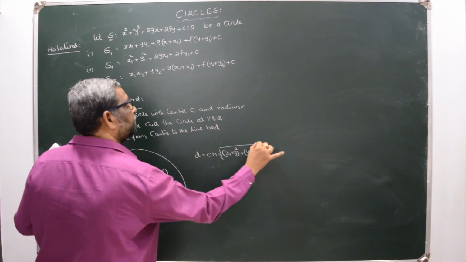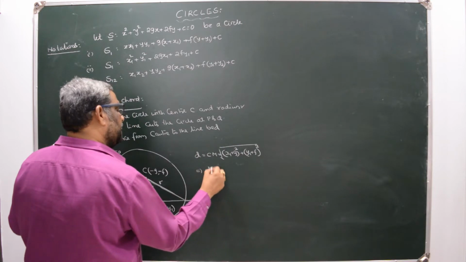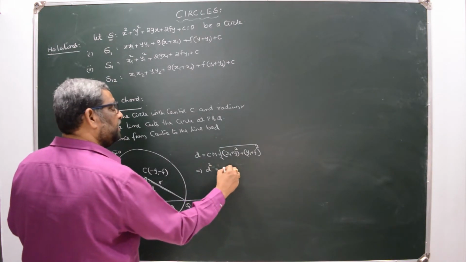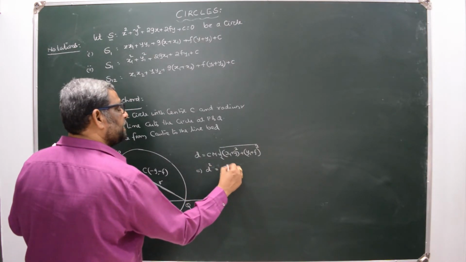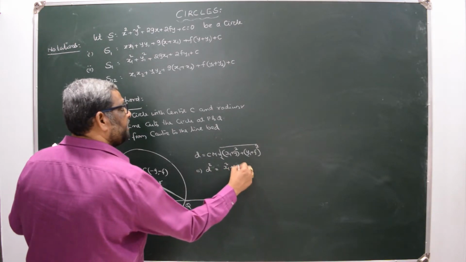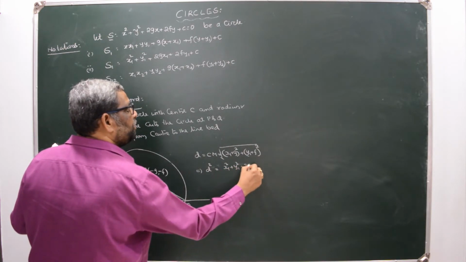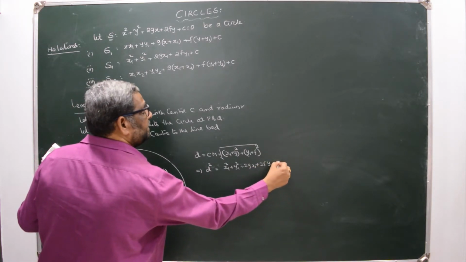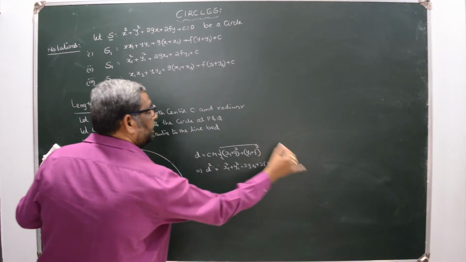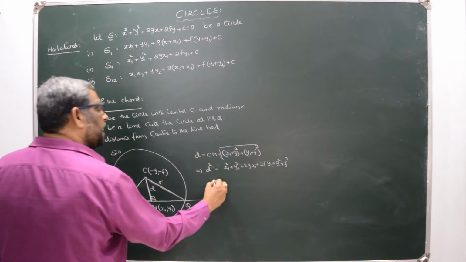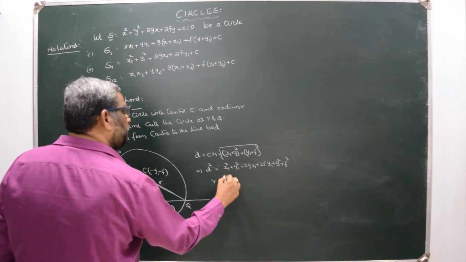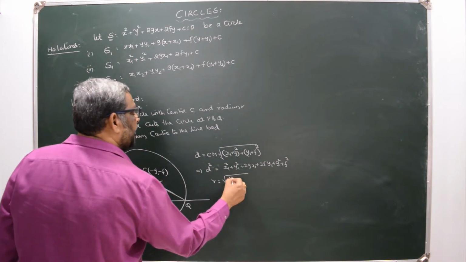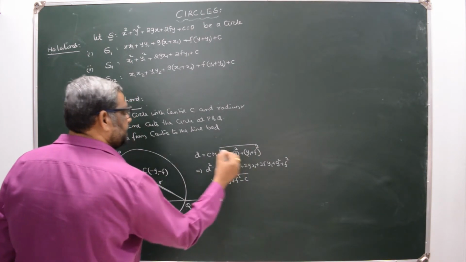So D square is x1 square plus y1 square plus 2g x1 plus 2f y1 plus g square plus f square. Now R is equal to square root of g square plus f square minus c.